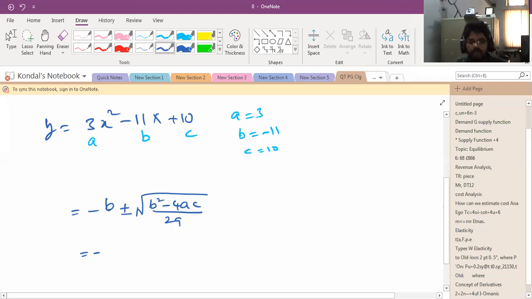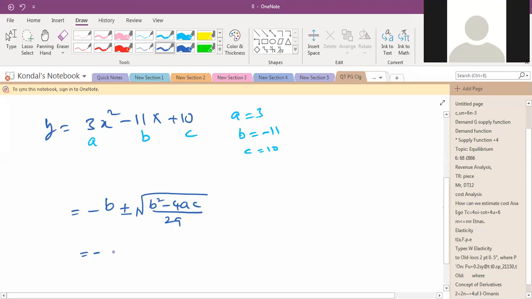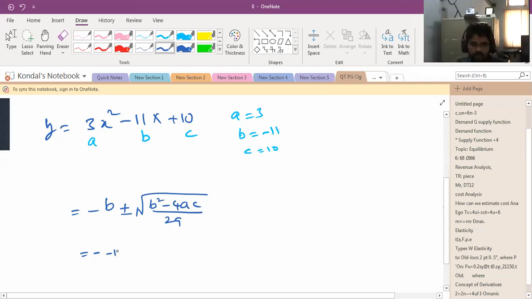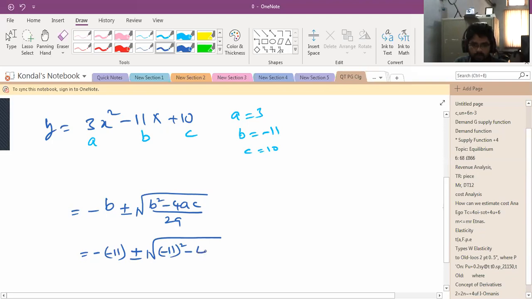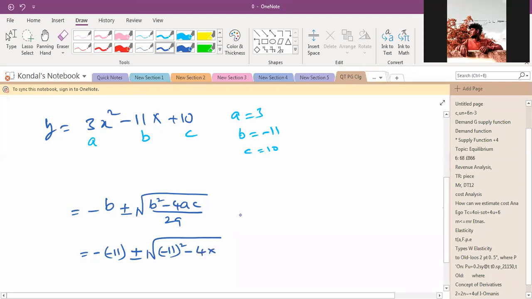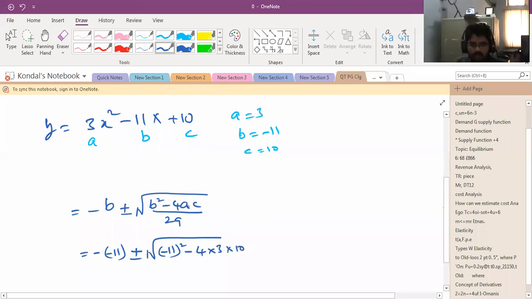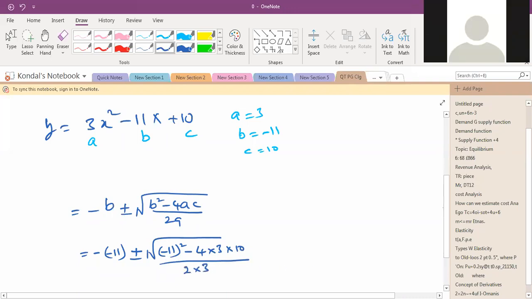What is the b value here? Minus 11. So simply put minus 11, then plus or minus under root, b value minus 11 square minus 4 into 3 into 10, that is 4 into a into c, divided by 2 into a, 2 into 3.